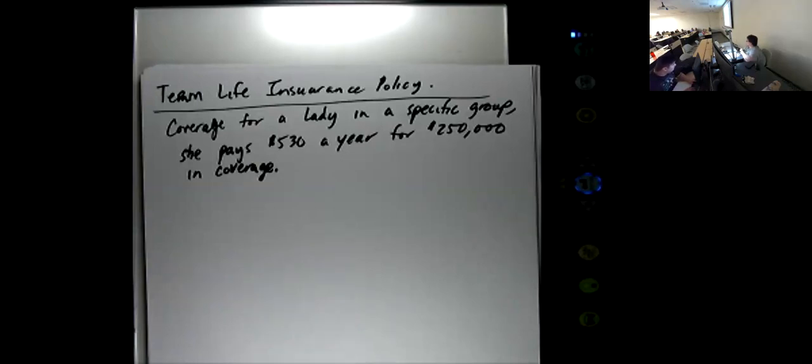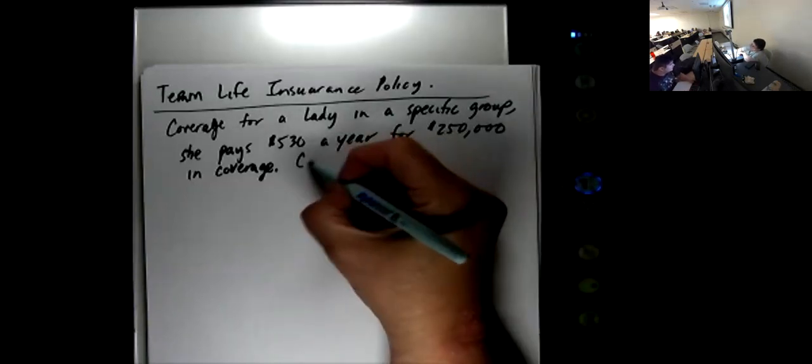Now, it doesn't make a lot of sense to calculate her expected value, because if she loses, she's dead and she doesn't care. So let's calculate expected value for the company.